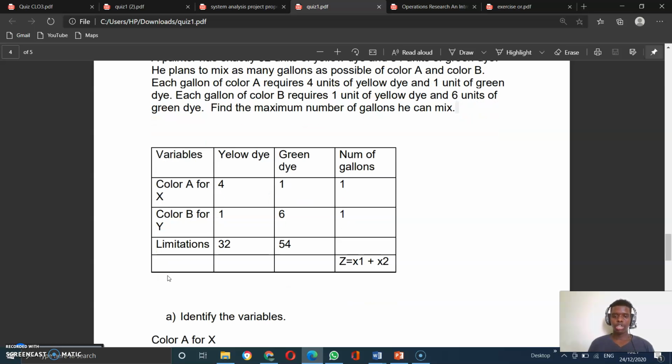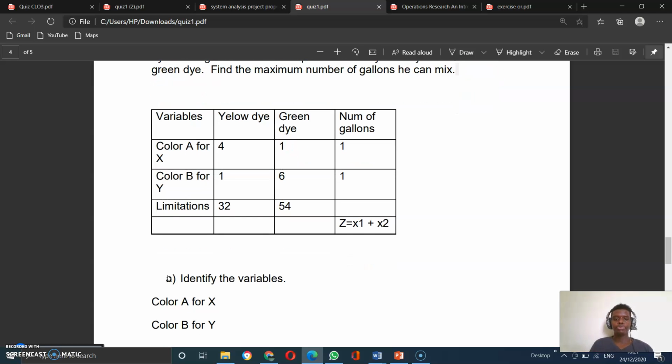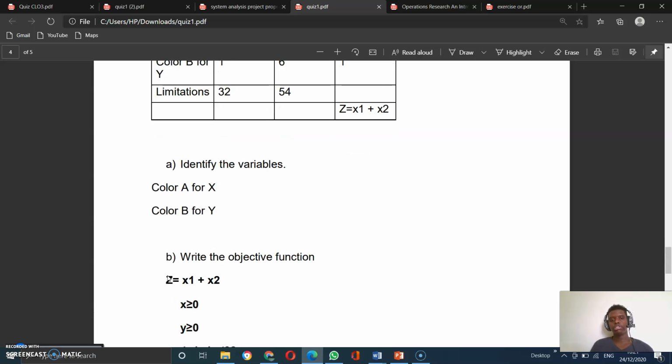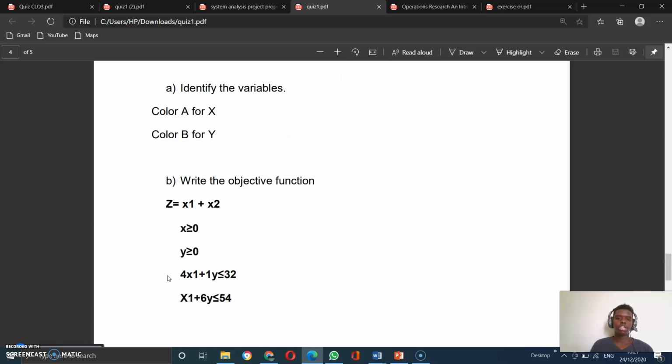So our objective is to maximize the number of gallons, which is x1 plus x2, color A and color B. So this is the objective that we just explained.